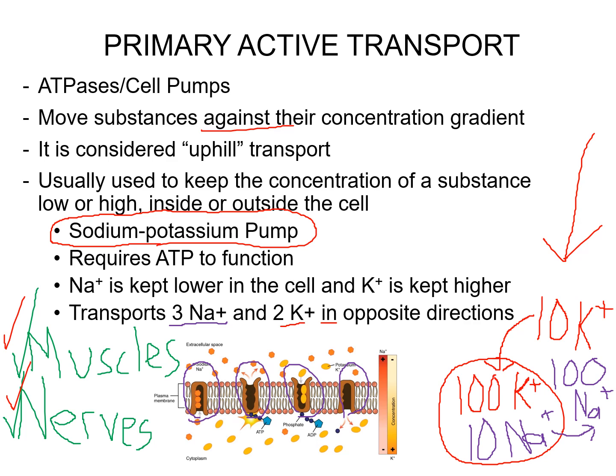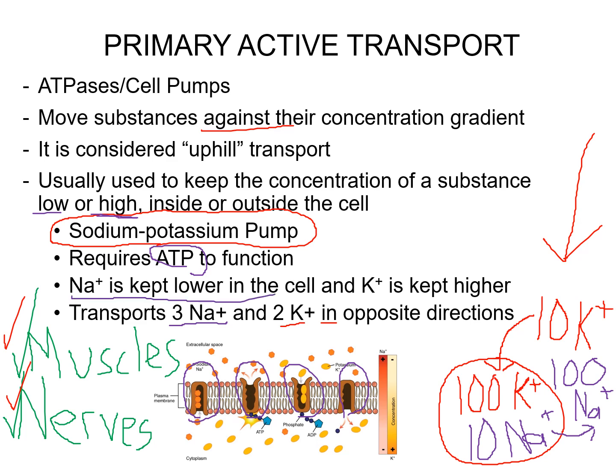Now, because we're going against the concentration gradient, we have to use energy. Once again, our energy molecule, ATP. So we're going from low to high, which is the complete opposite of what we've talked about with passive transport. And what we're doing is we're keeping the sodium in the cell very low. We're keeping that 10.